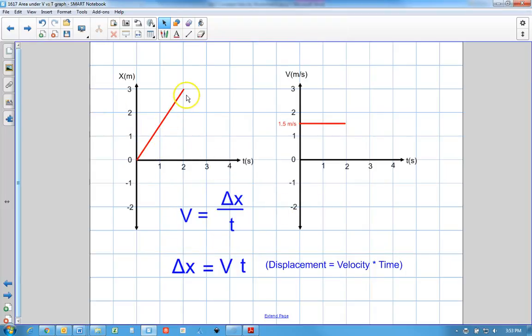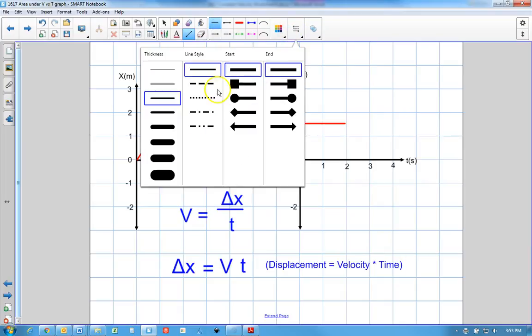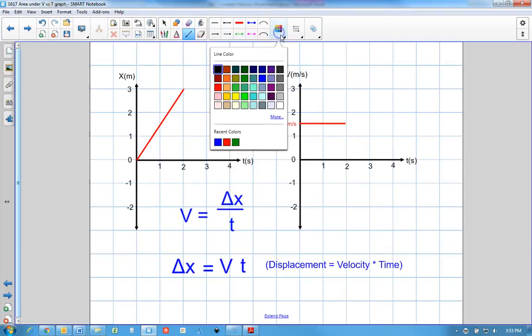What we're going to look at now is if we take one of these at a time, this position versus time graph and this velocity graph, what does this velocity graph tell us? We know that the slope is 3 meters in 2 seconds, so that's 1.5 meters per second. But what we want to take a look at is the area underneath our velocity versus time graph.